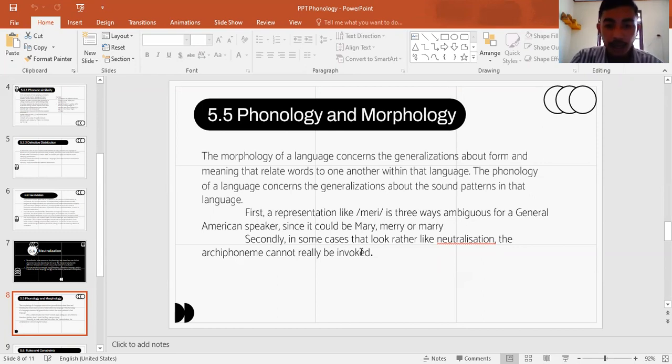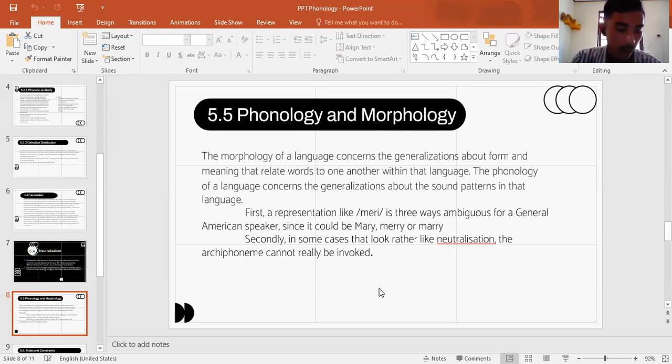Secondly, in some cases that look rather like neutralizations, the archiphoneme cannot really be invoked. For instance, the English regular plural ending on nouns is marked by a spelling which means more than one thing phonologically.